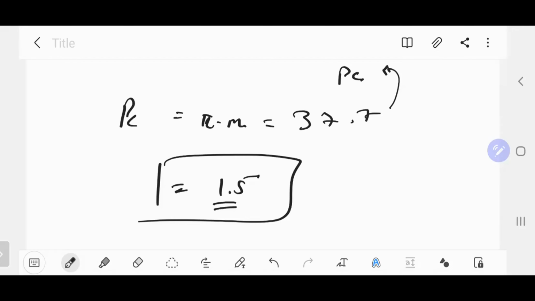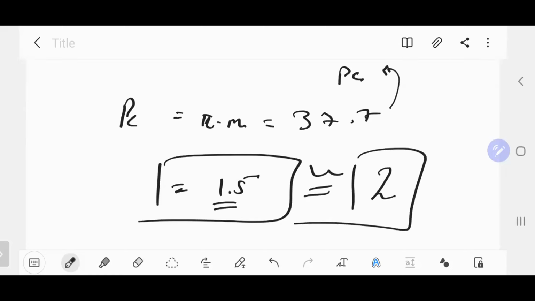The teeth may be connected one or two or three, like that. 1.5 means one tooth is completely connected, another one is half, but still it is connected, and we don't need to find how much it is connected. We only need to check whether it is connected or not. We have to just give the number of teeth. So 1.47 is not the answer. The correct answer is 2. Number of teeth in contact is equal to 2.